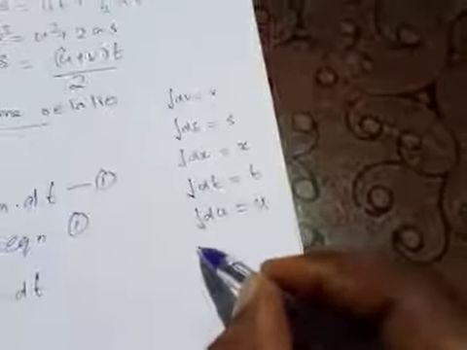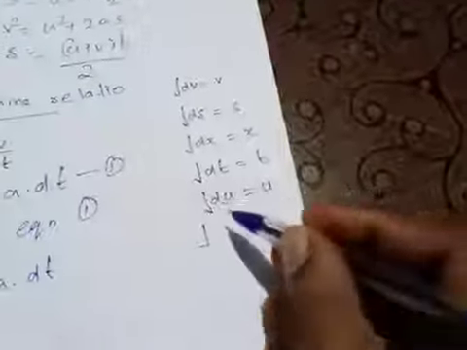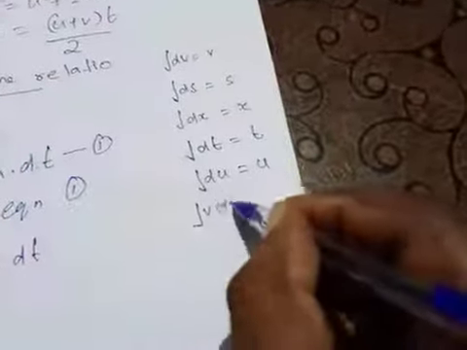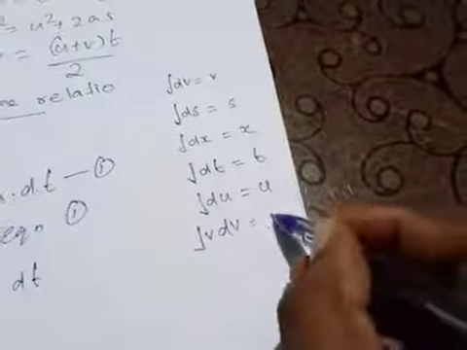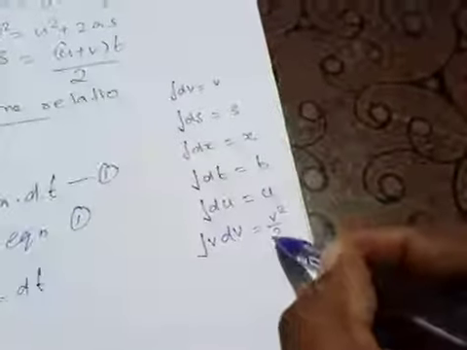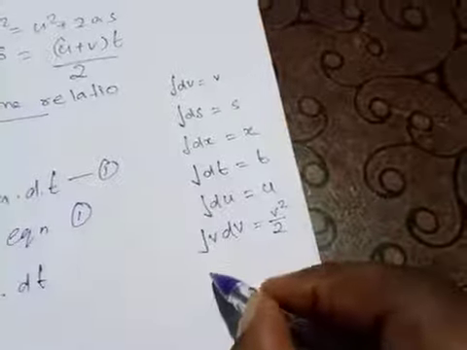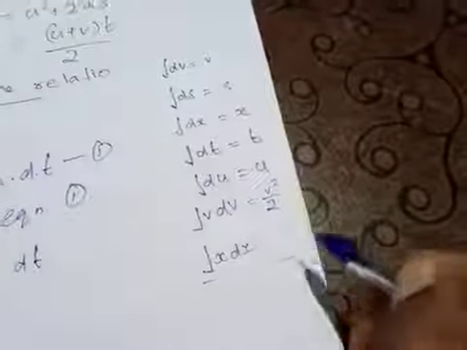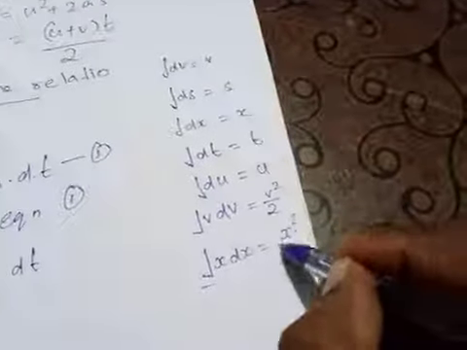Another type, these two we mostly use in physics. Integration of v dv is v square by 2. Integration of x dx is x square by 2.